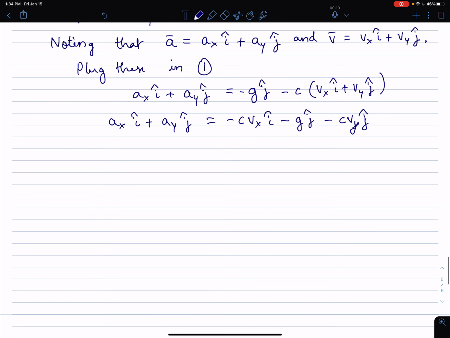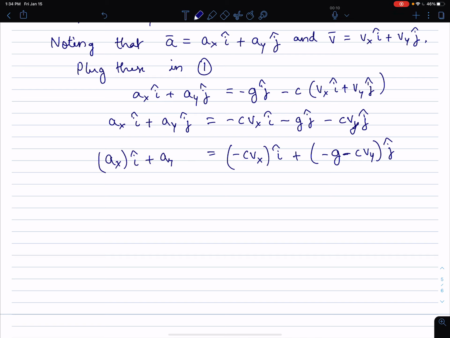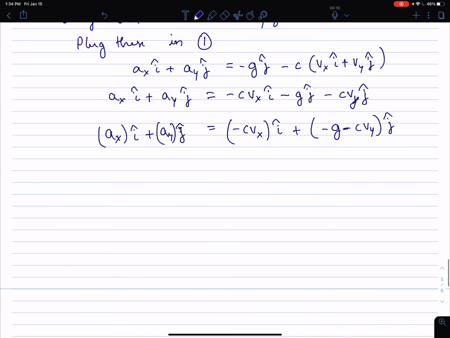Okay, so that's what we have: a_x i plus a_y j equals these two quantities.